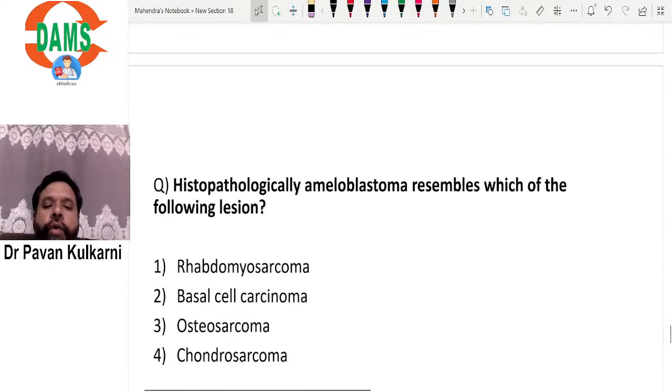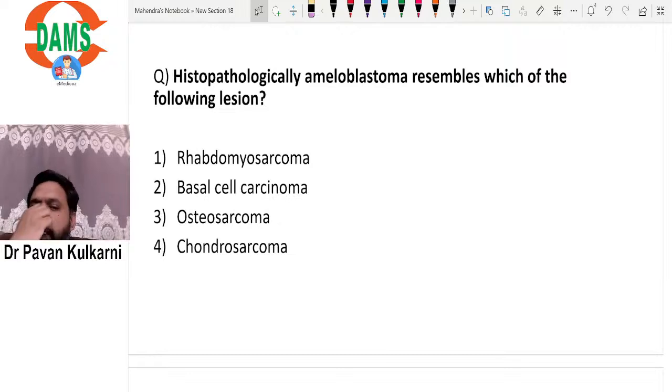Okay, moving on to the next question. Which of the following does ameloblastoma histologically resemble? Ameloblastoma, we have to remember, is basically invasive but does not show metastasis.